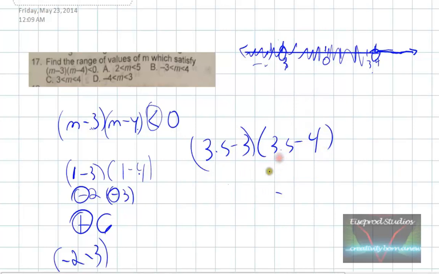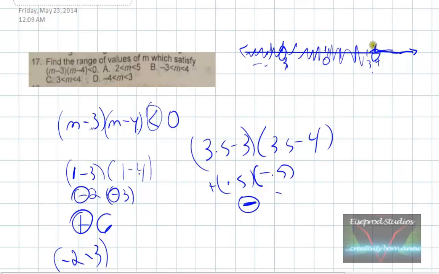Okay, so 3.5 minus 3 would be just 0.5, which, mind you, is a positive number. I would multiply that by the negative 0.5 that I get here. Regardless of what these numbers come out to be, my answer is negative. So above 3, I will get a negative answer.